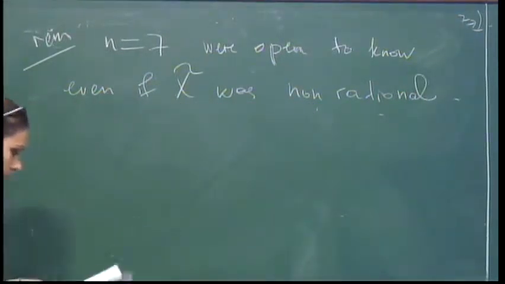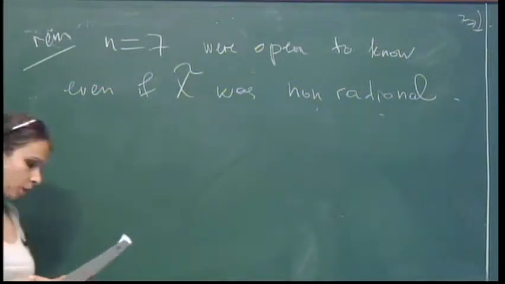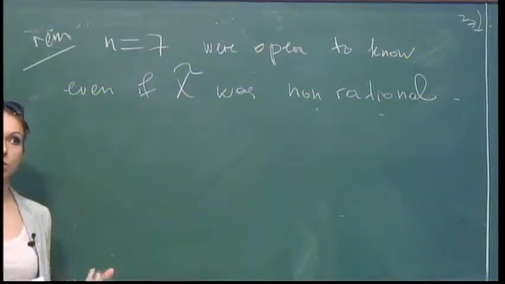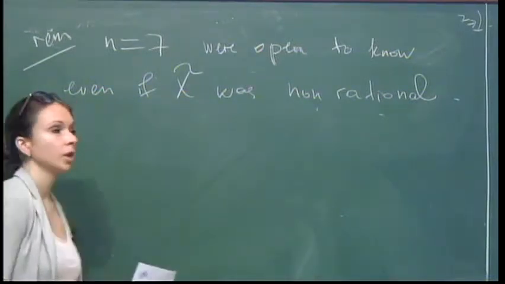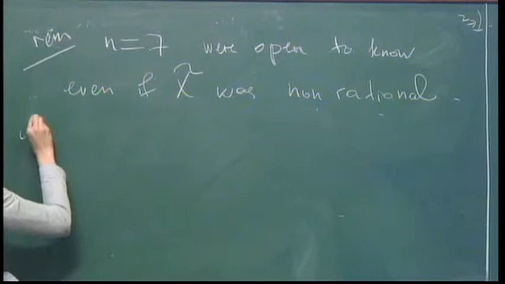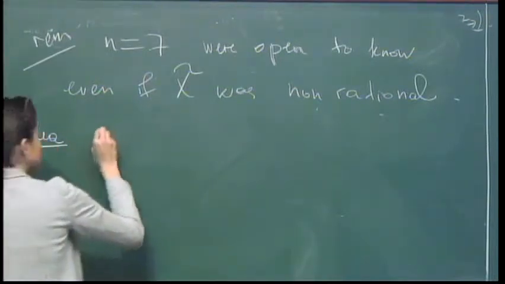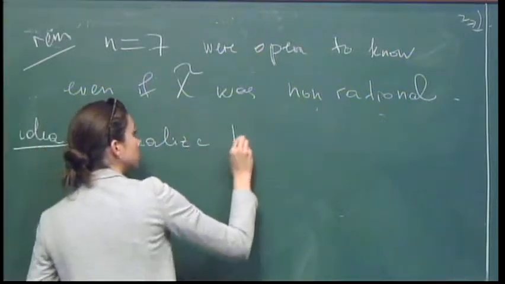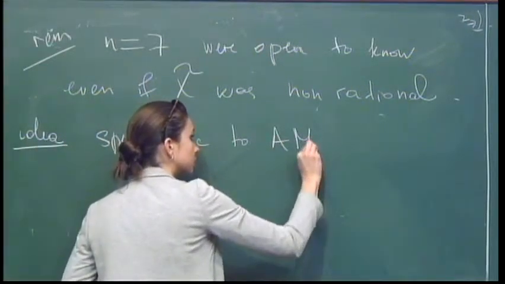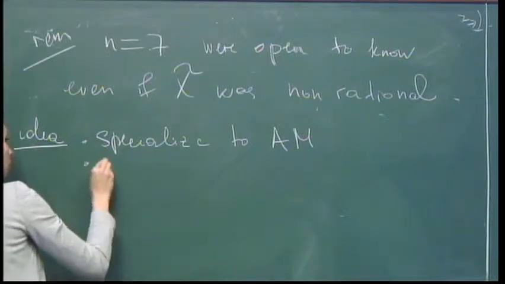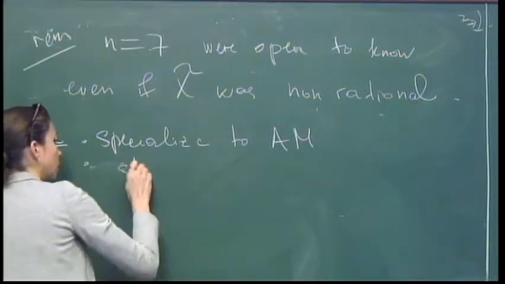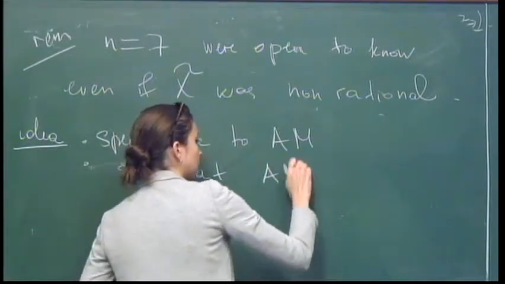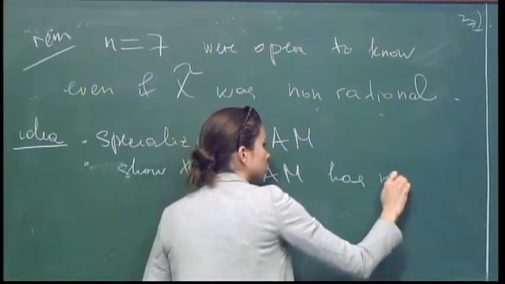So here I will just give an idea, because I will do it in more detail in the following example. The idea is to specialize to Artin-Mumford, then show that the Artin-Mumford example has no decomposition of the diagonal.